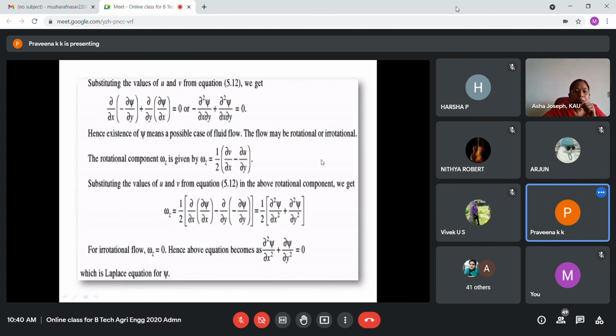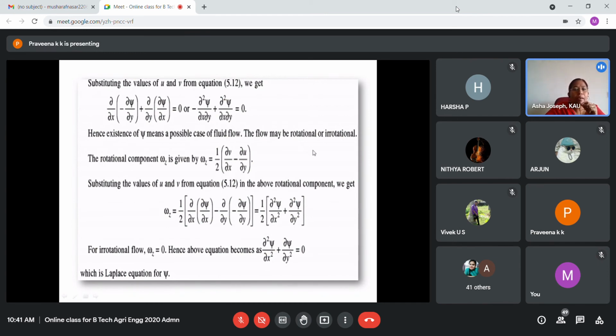We are substituting the expressions of dou psi by dou y and dou psi by dou x in the continuity equation and getting 0. If it is 0, then definitely it is a flow. Therefore, if psi exists, it represents a fluid flow, which may be rotational or irrotational.